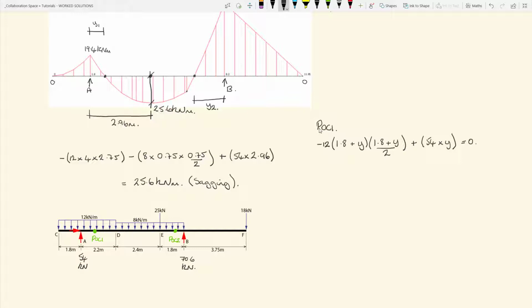And if you expand that out, we end up with minus 21.6 minus 12y times 0.9 plus 0.5y plus 54y equals 0.